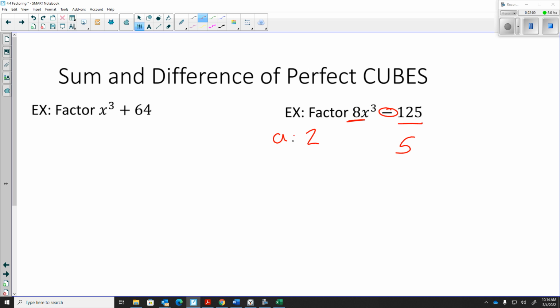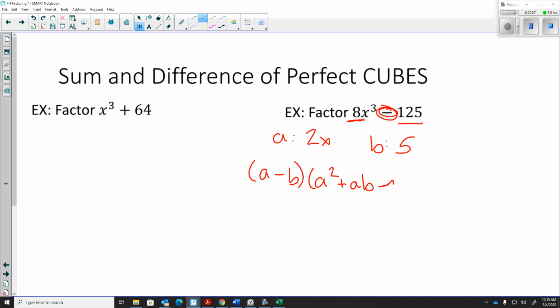Okay, so A is 2, B is 5. It's a difference of cubes, so the pattern is A... you need an X in there too. Oh yeah, sorry, so X cubed, the cube root of X cubed is X, right? So A is 2X, B is 5. So it's a difference, so it's A minus B, A squared plus AB plus B squared.